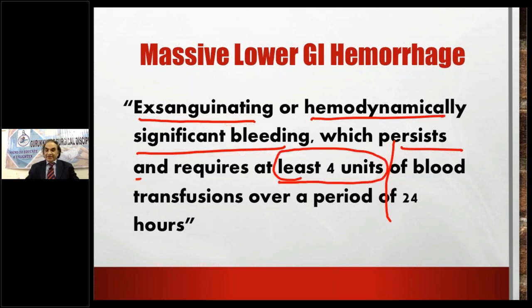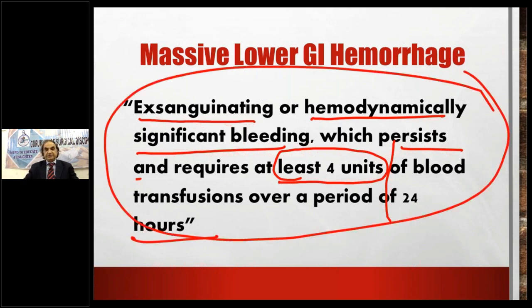That's called massive lower GI hemorrhage. So they're divided into massive and mild to moderate. What is massive GI hemorrhage? Hemodynamically, it makes a patient unstable, it's exsanguinating, and it requires at least 4 units of blood.